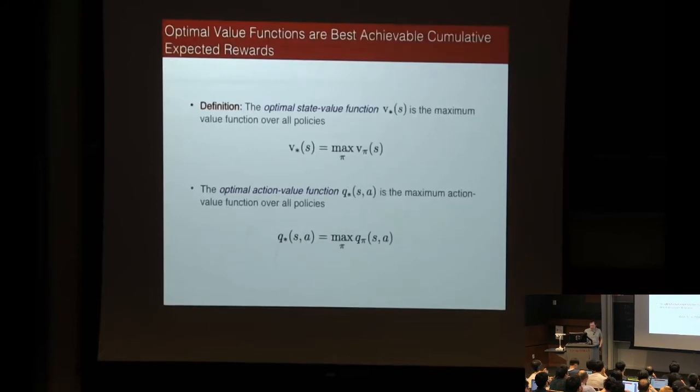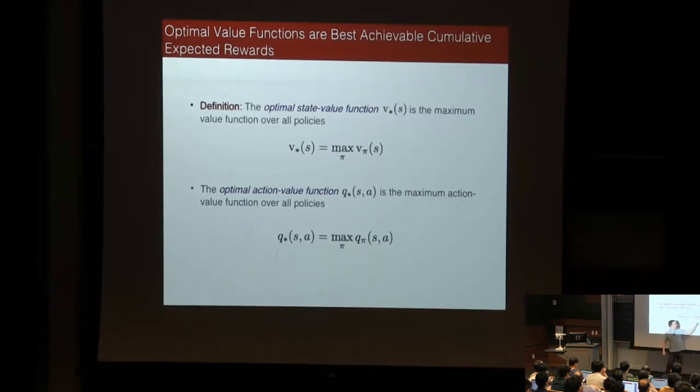The optimal value function, V star, is the maximum value function over all policies. And that's what ultimately we want to find out, right? Whatever policies you could have, this is the maximum one. And the optimal action value function, Q star, is the maximum action value function over all policies.